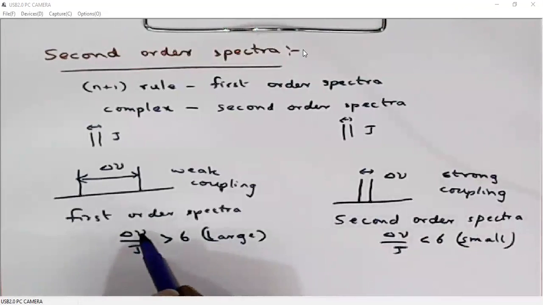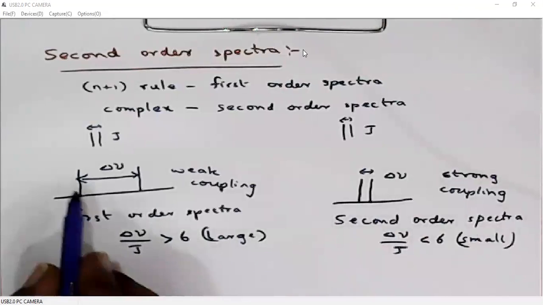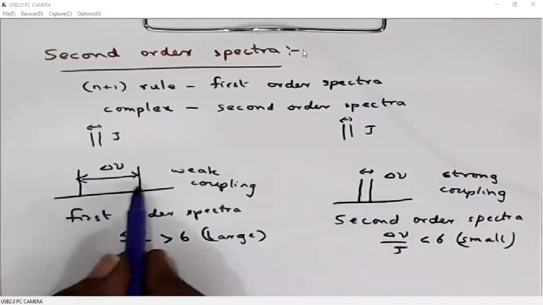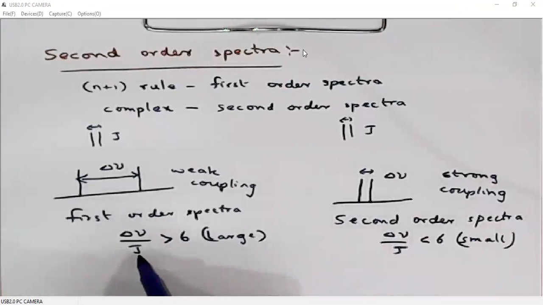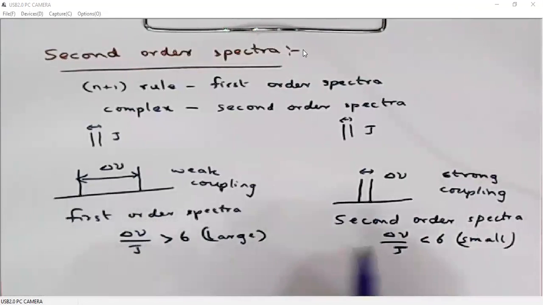We will take the delta also in hertz. Of course, J is expressed in hertz. So the delta difference between these two signals divided by J, if it is more than 6, is called first order spectra.